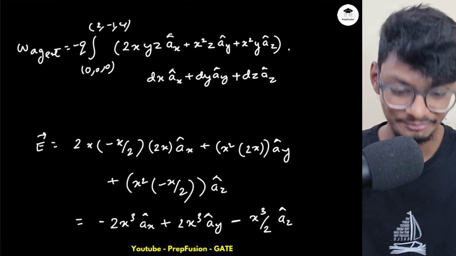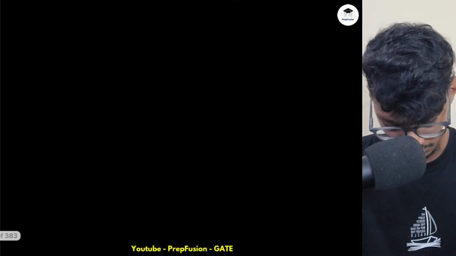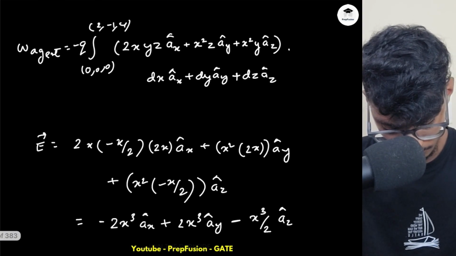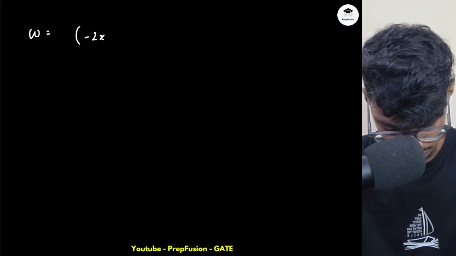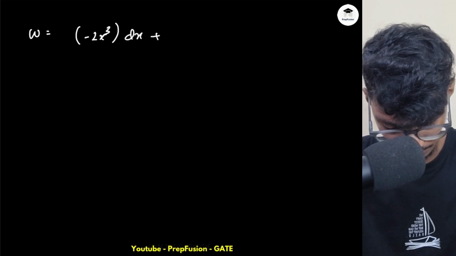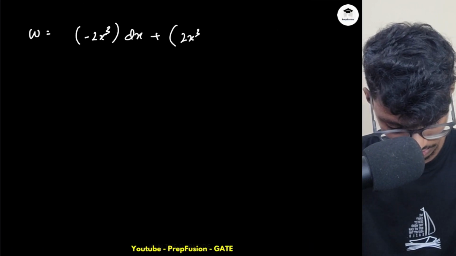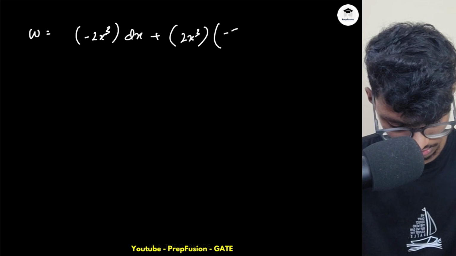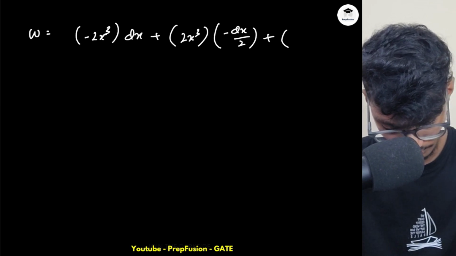This will be a bit more work than the earlier one. This will be equal to minus 2x cube dx, plus 2x cube times dy, which is minus dx by 2, plus, obviously I have to integrate.